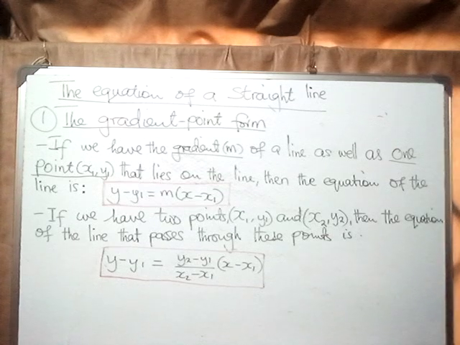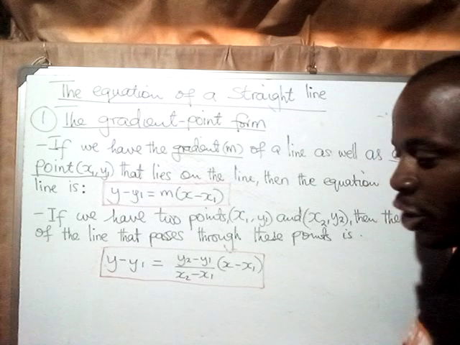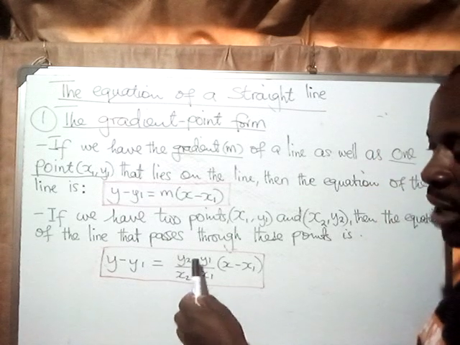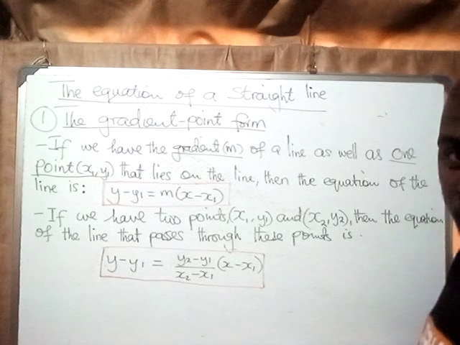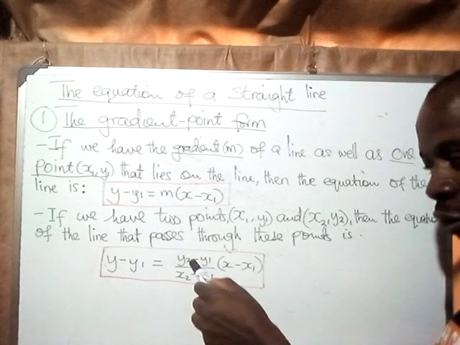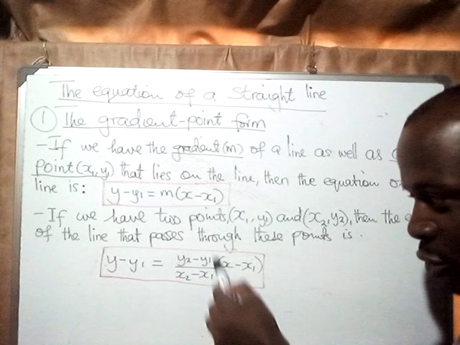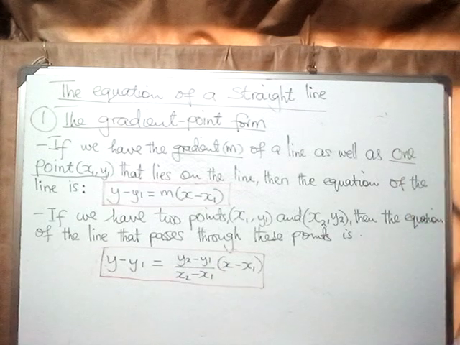Remember, the gradient of two points is (y2 minus y1) over (x2 minus x1).